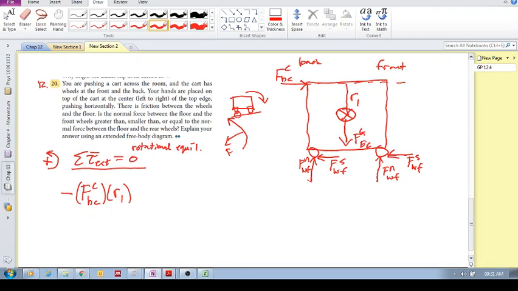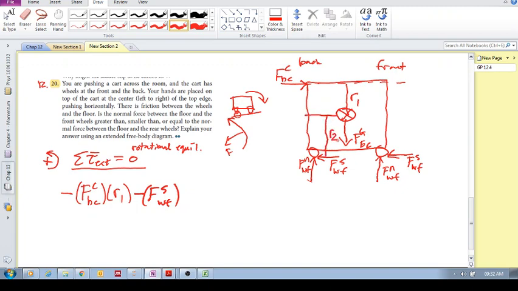What about these friction forces? This one and this one are both causing clockwise rotation, so we can just say minus F_s wheel-floor, and now we need a lever arm.